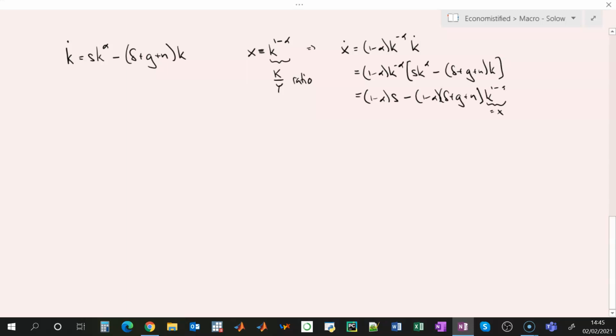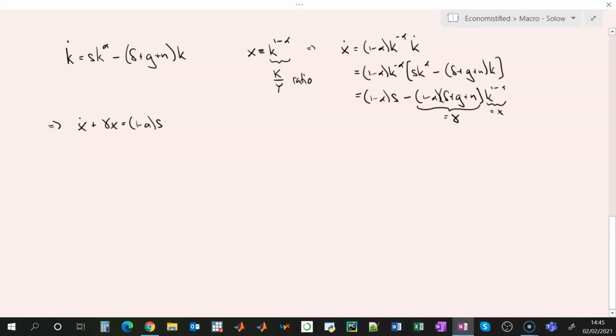And just to make things a little tidier here, I'm also going to define this as gamma, just so I don't have to keep writing out that whole thing. So we get that x dot is equal to, I'll actually rewrite this as x dot plus gamma x equals 1 minus alpha s.